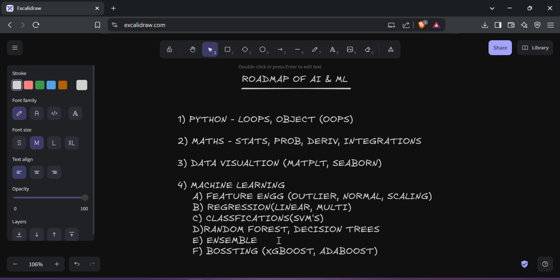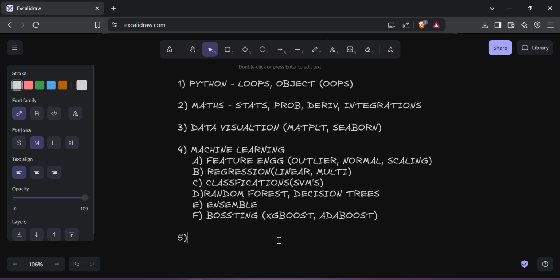And after this, machine learning will be completed, and then we'll be going to deep learning. In this, we'll initially learn ANNs and then CNNs. ANN is artificial neural network.